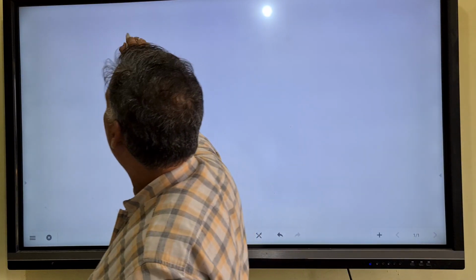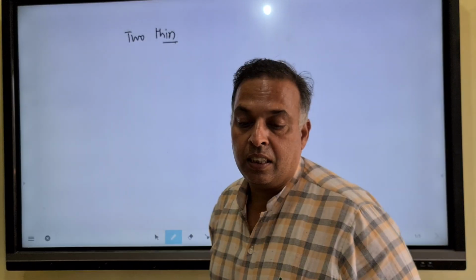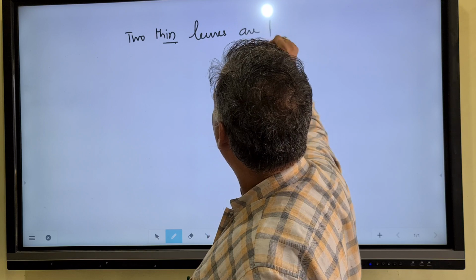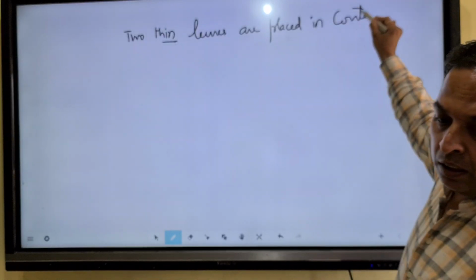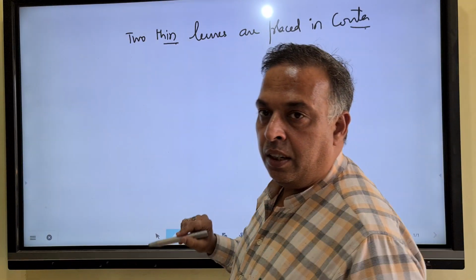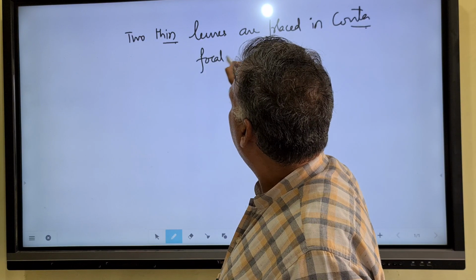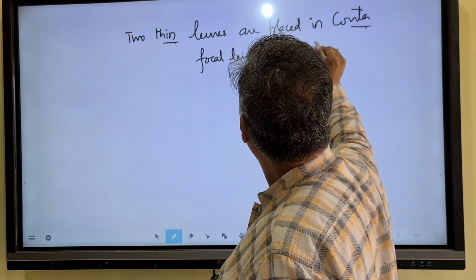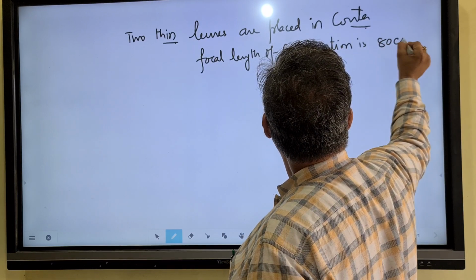Another question: two thin lenses are placed in contact, and the focal length of the combination is 80 centimeter.